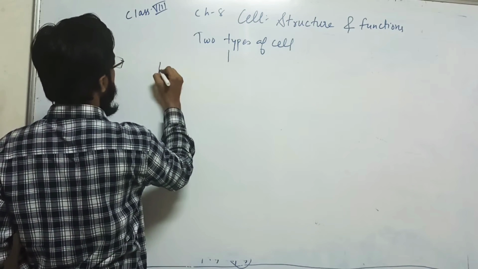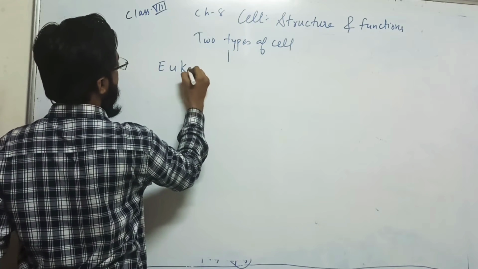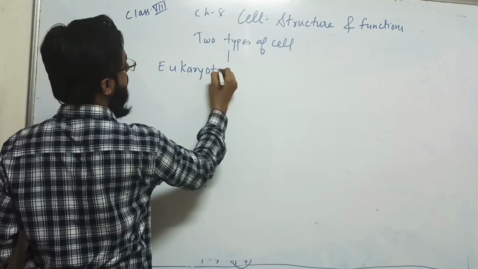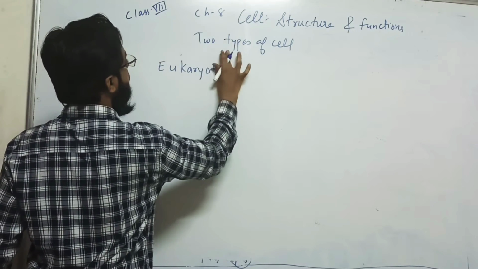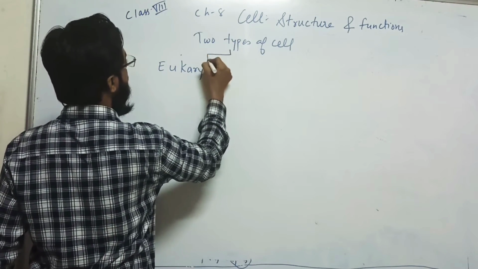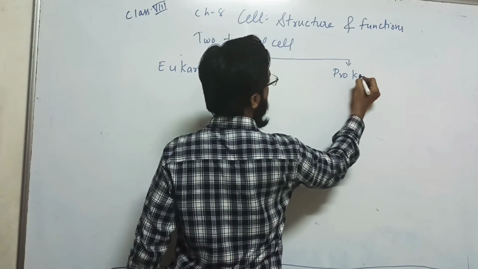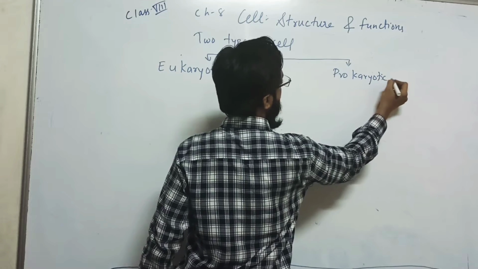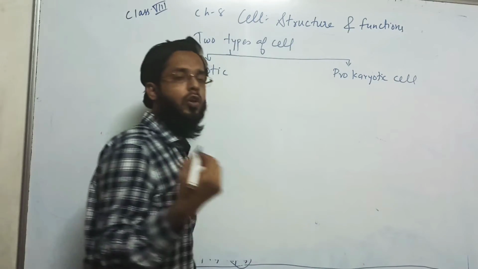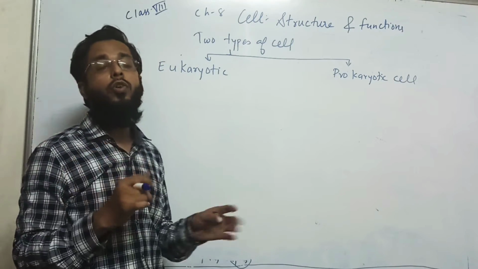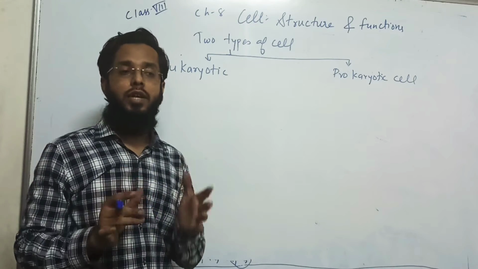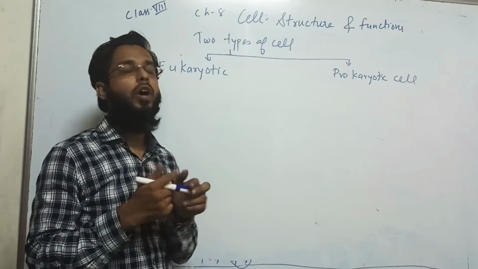First is eukaryotic cell. And second is prokaryotic cell. As we talked about unicellular organisms, multicellular organisms, now we are talking about type of cell. Cell can be prokaryotic or eukaryotic.